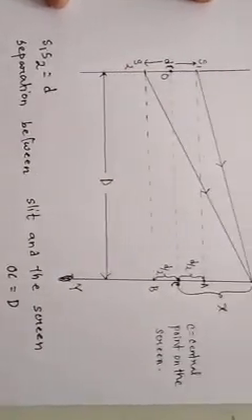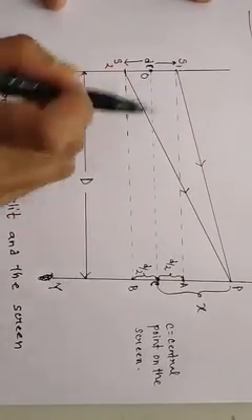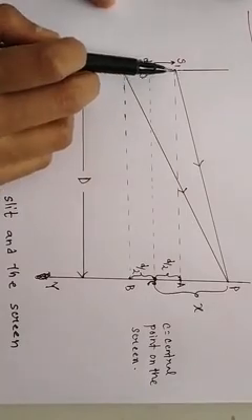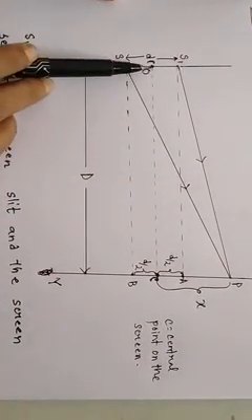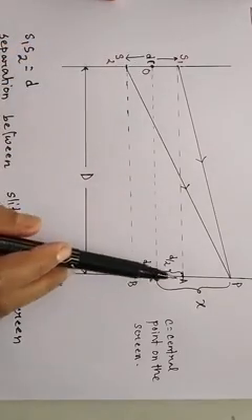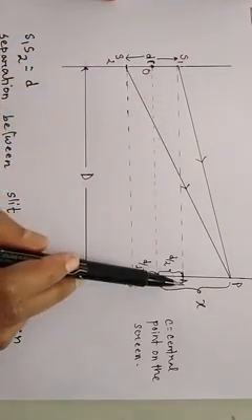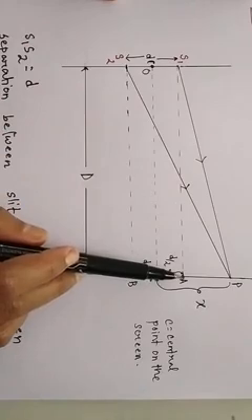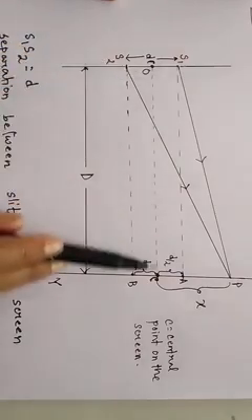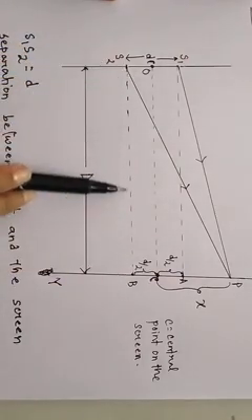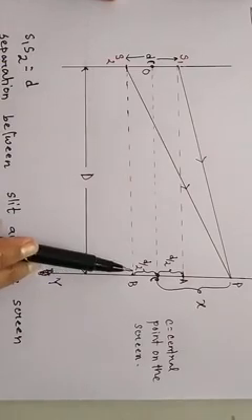Now if we draw a line parallel to OC from S1, this line will reach a point A on the screen. If we draw a similar line parallel to OC from S2, this line will reach a point B on the screen.